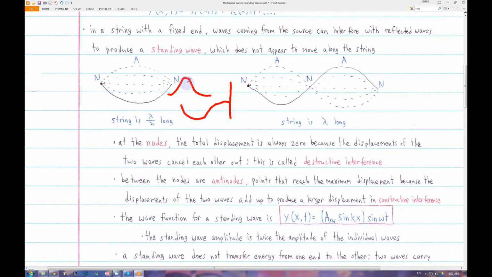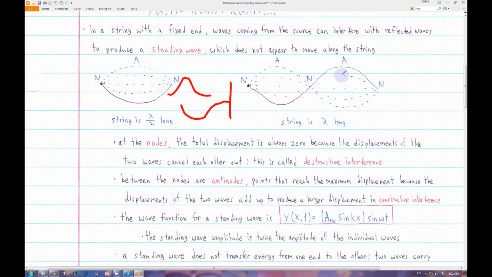Say this wave has a displacement of 4 meters in this direction, and this wave has a displacement of 4 meters in the other direction. So by the principle of superposition, if we add their displacements when they overlap, it'll be equal to 0. So we don't see any displacement at all. And remember, that's destructive interference.